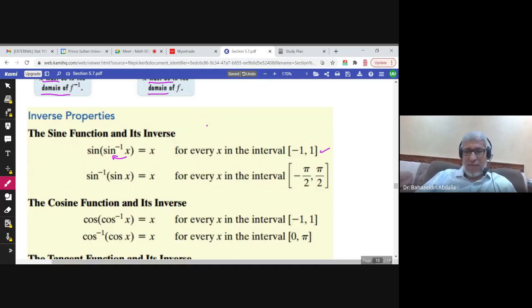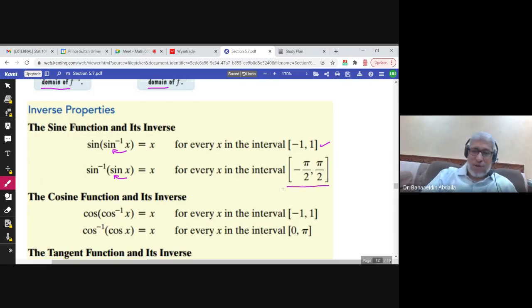So if you say sine of sine inverse 2, for example, it doesn't work. The answer is not going to be 2. For the answer to be x, the number has to be between -1 and 1. Also here, you have to notice that x must be in the domain of sine, and you have to remember that the restricted domain of sine is from -π/2 to π/2.